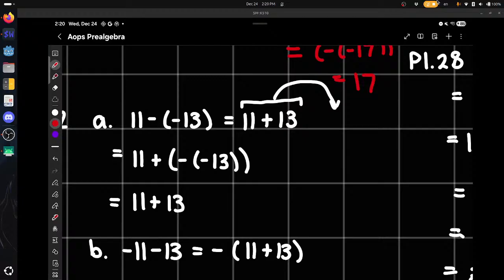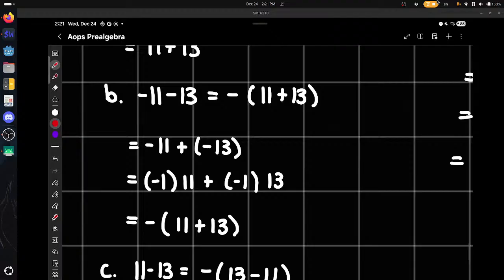Cool. Where they take 11 minus the negation 13. We then use the definition of subtraction to turn this into this. And then we know that double negation just gives us a positive result. So now we turn this into this. Okay. Yeah, we did that the same way.